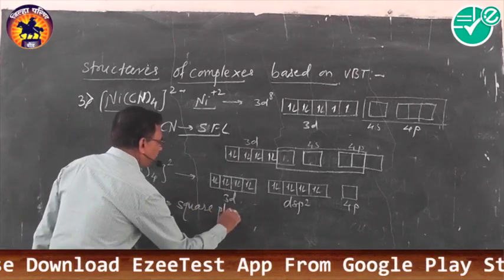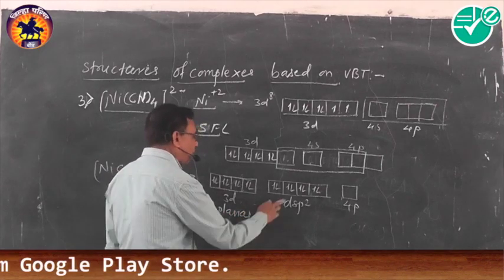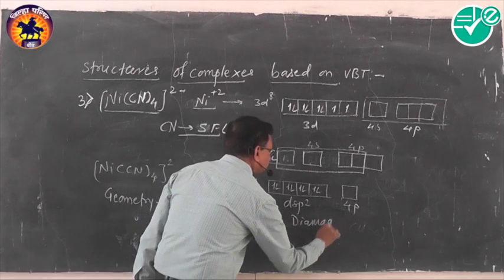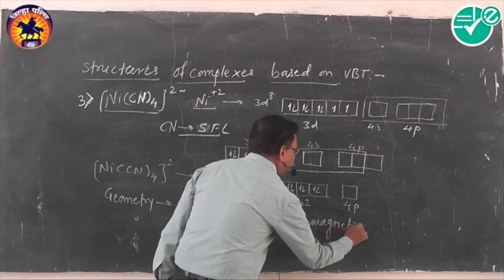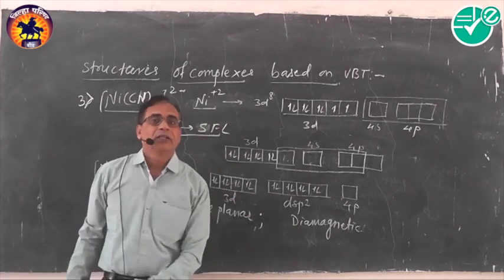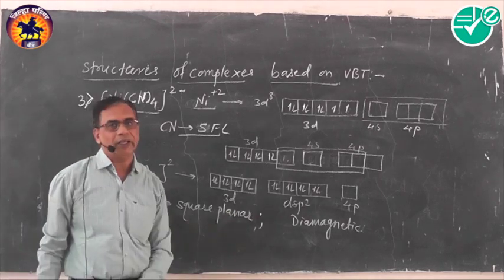And what about magnetic behavior? Its magnetic behavior is diamagnetic in nature. Why is it diamagnetic? Because it does not contain any unpaired electrons, hence it is diamagnetic in nature.